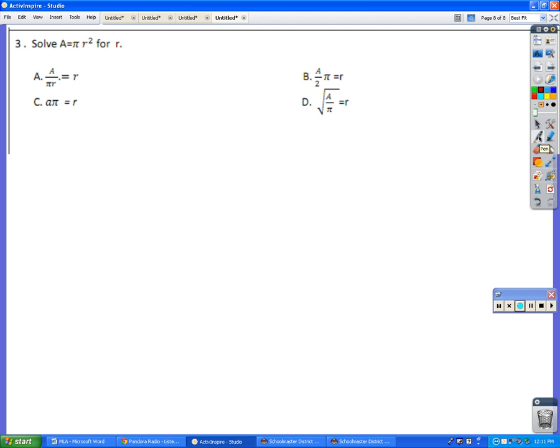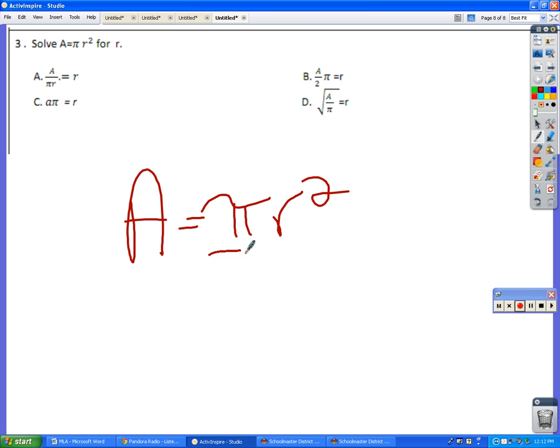Solve A equals pi r squared for r. So this is a little bit tricky. How do I get rid of the pi? Divide both sides by, am I going too fast? It says A equals pi r squared, like the area of a circle equals pi times the radius squared. So we divide by r squared? No, I'm trying to solve for r. So the first thing I'm going to do is get rid of this pi. How do I get rid of that pi? Divide both sides by pi.